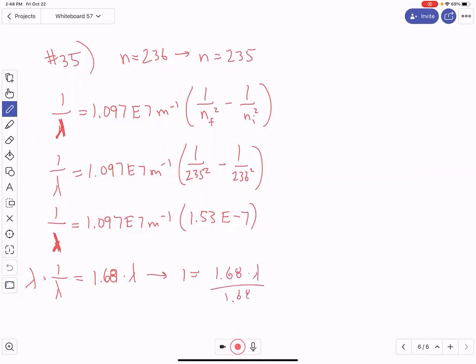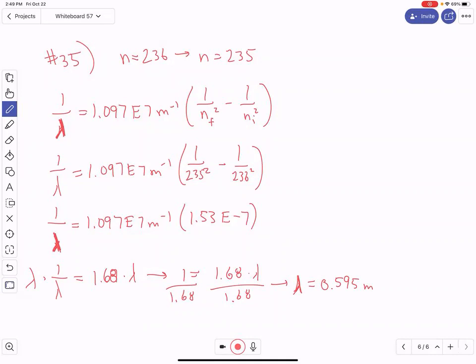Divide both sides by the 1.68 to get wavelength by itself. I'm going to get a weird wavelength of 0.595 meters.